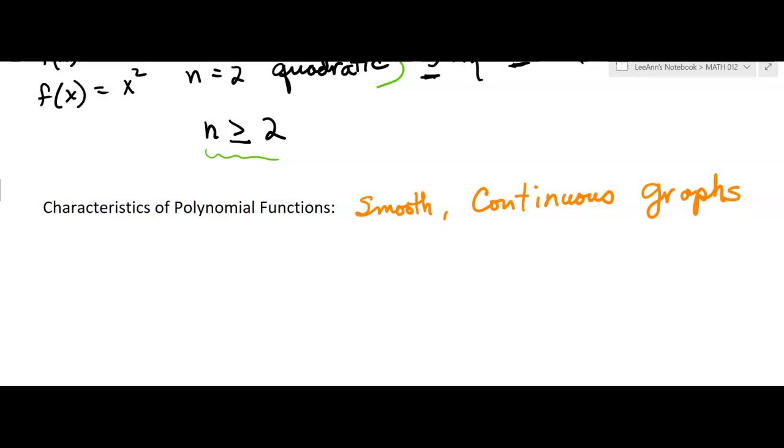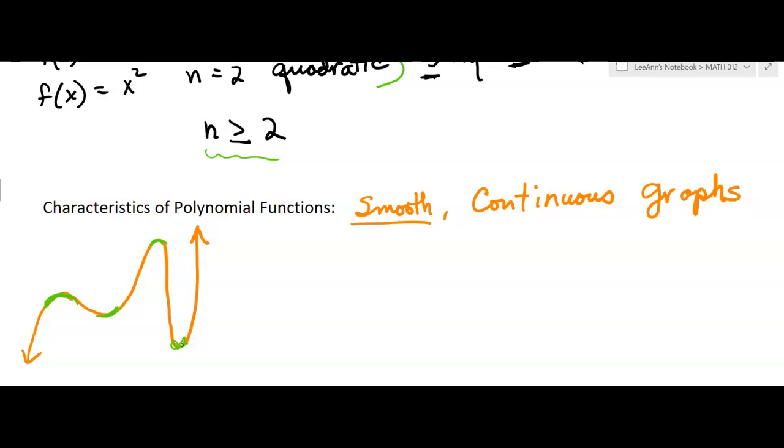So what do we mean by a smooth graph? Well, let's say you have a graph that's like this, that's considered a smooth curve. It just has these kind of rounded shapes here as we're going from increasing to decreasing. It's kind of rounded like that.